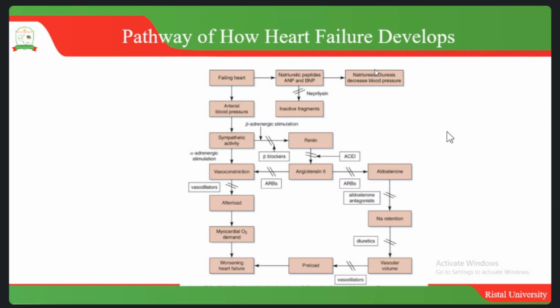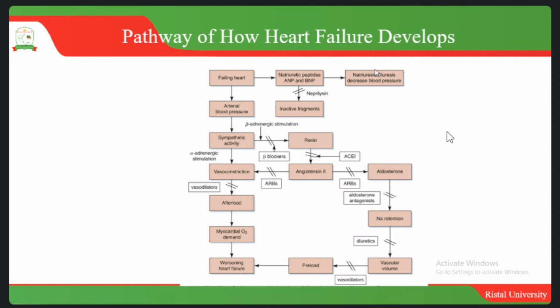So when you look at the pathway of how heart failure develops, there are so many things which happen. There's production of renin, angiotensin. There is also formation of the aldosterone antagonist, and there are also some other factors in relation to the blood vessels.